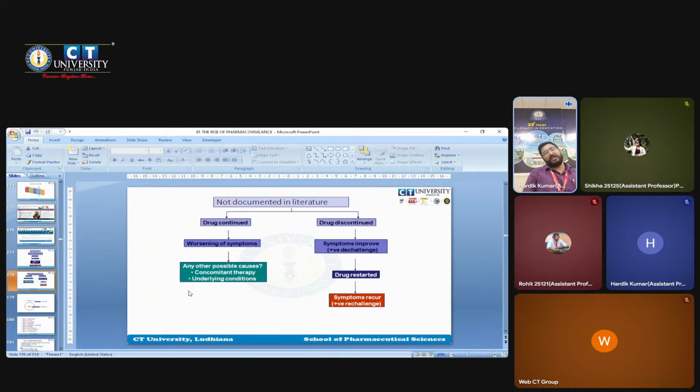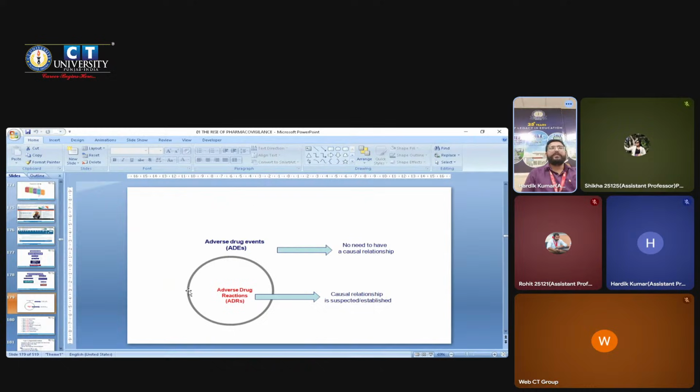If there are small symptoms like fever or itching, they can be continued with an alternative drug or a reduced dosage. But if the drug is discontinued, we have to check for serious relations with laboratory analysis.